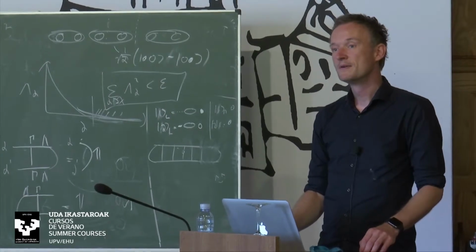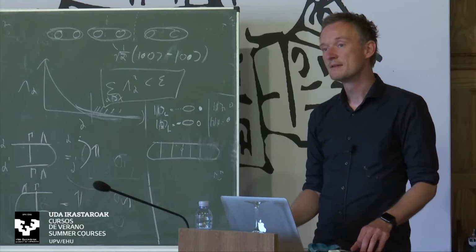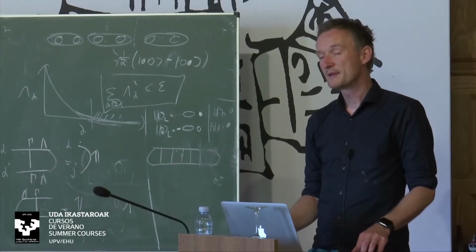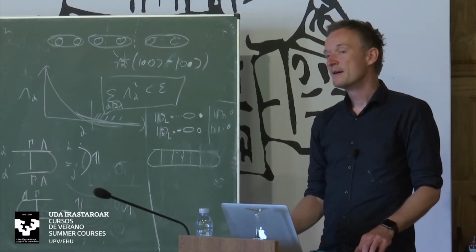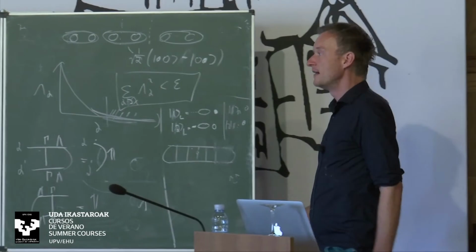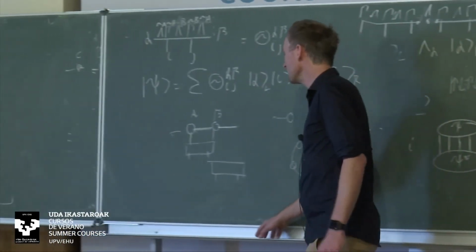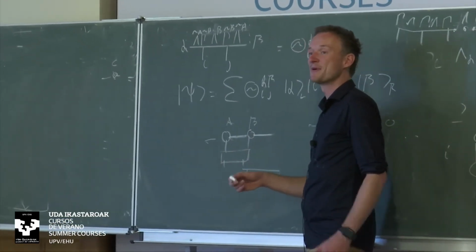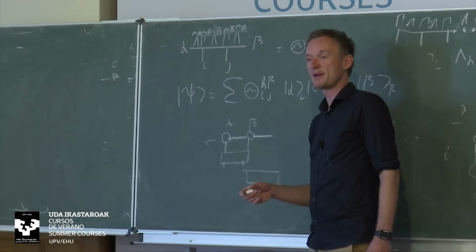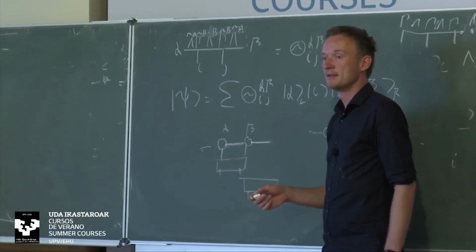In the TEBD, you discriminate between even and odd bonds. Yes. But physically, there is no distinction between them, right? That's correct. So you don't have a way to do it only once instead of twice in two types of bonds? Not that I know of, because basically you're using this Trotter decomposition into A and B bonds, and even though the physical Hamiltonian does not break the translation symmetry, this kind of Trotterization does.